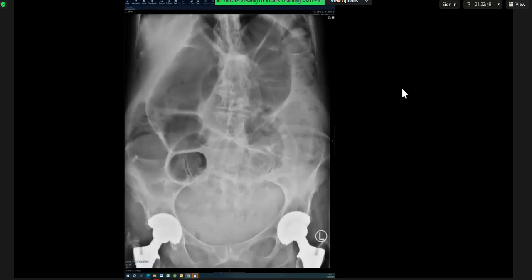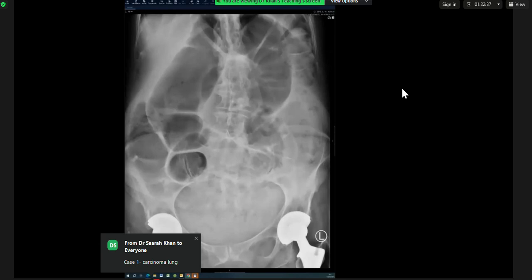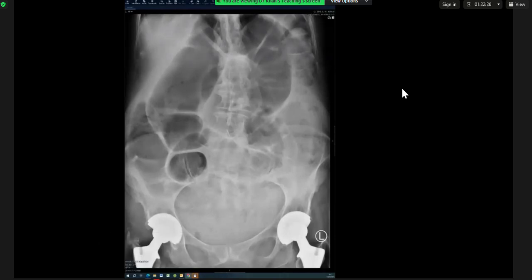Returning to the two main abnormalities, I'm dealing with intestinal dilatation, which is not likely to be large bowel dilatation, with no signs of perforation, and bilateral hip prosthesis.